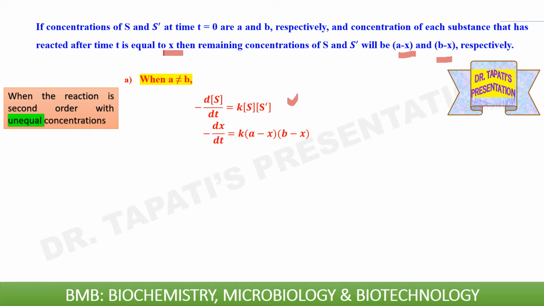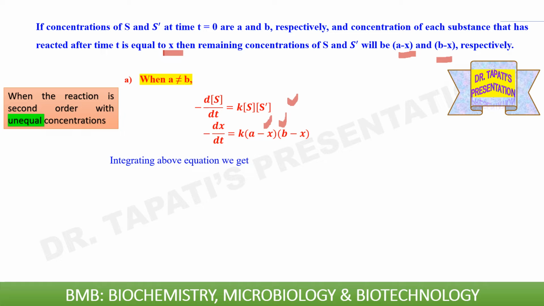Or we can write it as minus dx by dt, equal to K into A minus x into B minus x. These two terms are the remaining concentrations of S and S prime after time t.